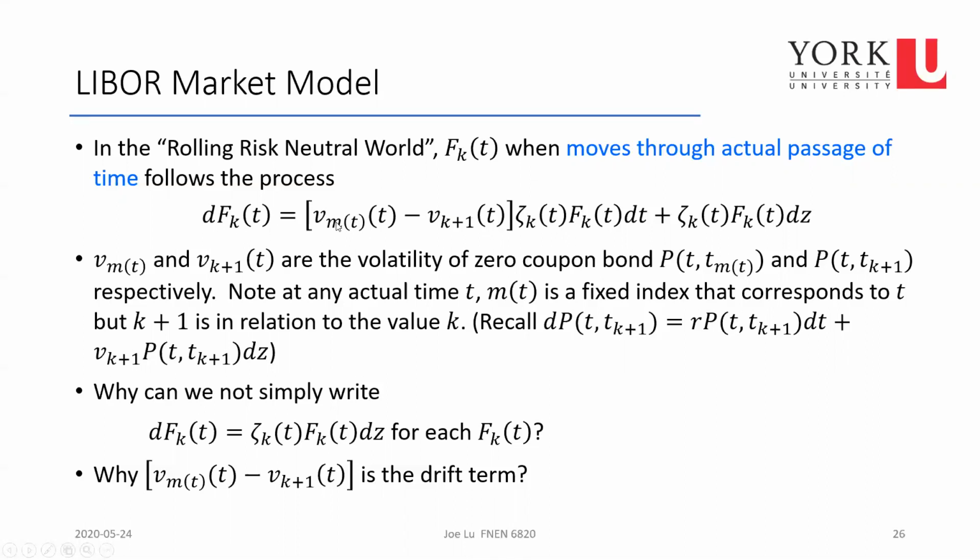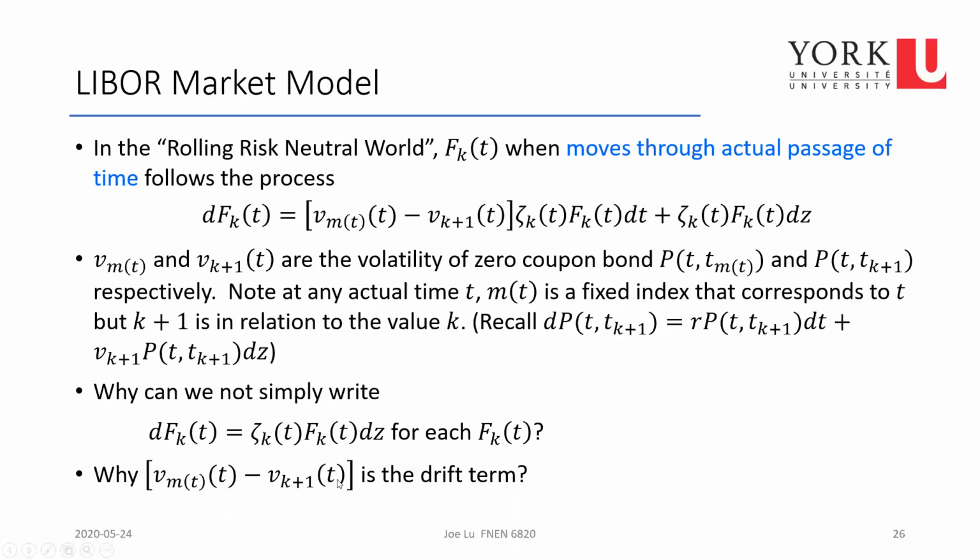But if m is 3 and k is 2, then that particular point k will have a 0 drift. So therefore, there's only one point. We cannot have every single point, as we talked about earlier.